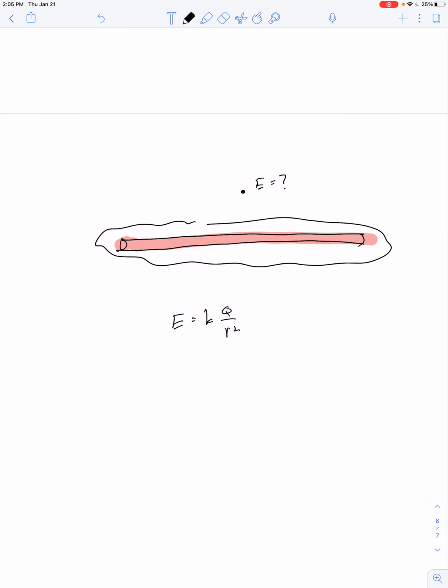right? So I can divide it into little chunks and say that's some amount of charge, dq, a little bit of the overall charge, capital Q, and then the distance between this point P in question and this bit of the charge can be found using this equation. But then I'm going to have to divide it up. Here's another little chunk I have to account for, a separate dq.